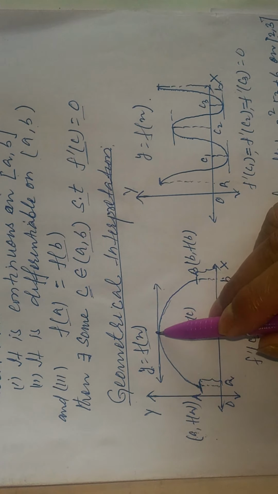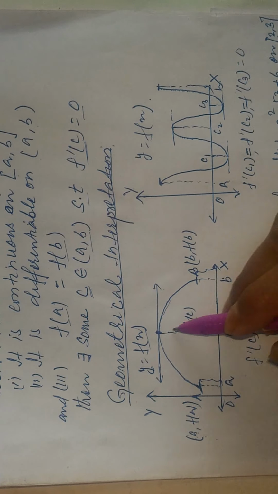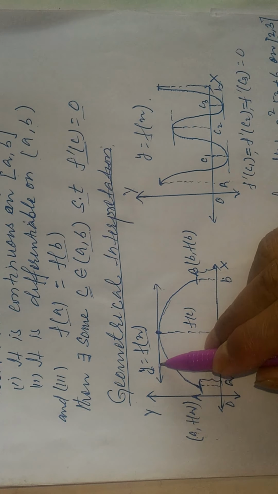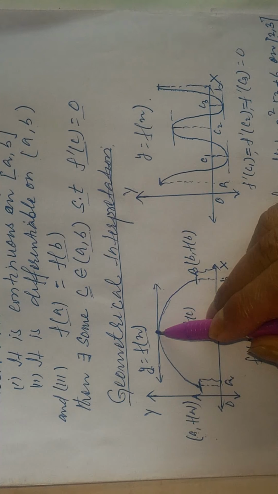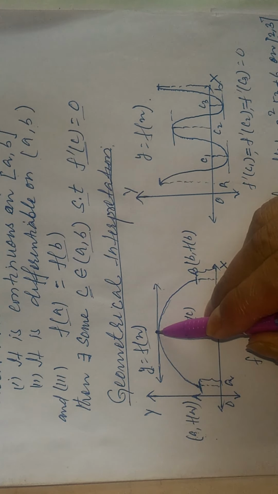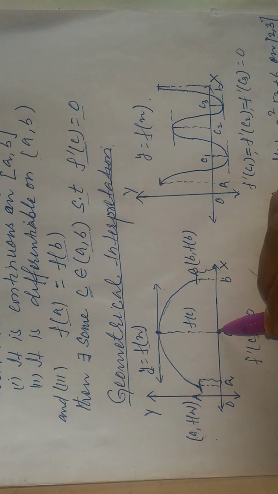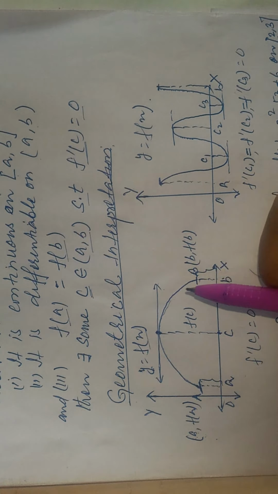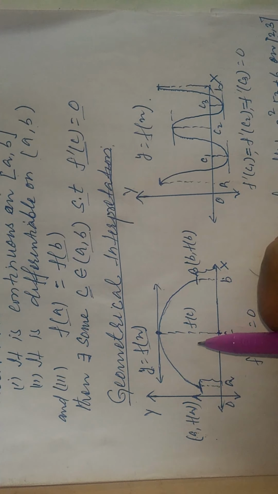So we find that there is a point c where, if you draw a tangent at that point, it is parallel to the x-axis. The derivative of the function at this point is 0, meaning the slope of the tangent to the curve at that point is 0. So the slope is 0, which means the tangent is parallel to the x-axis.